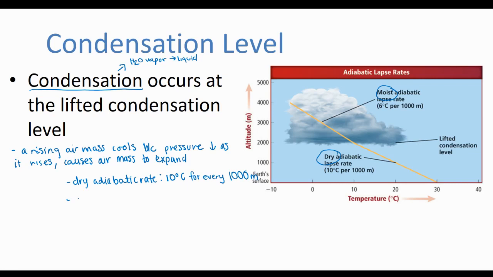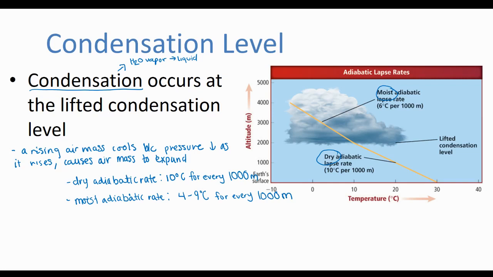If the air is moist, then you can see from the chart it decreases in temperature by 4 to 9 degrees Celsius for every 1,000 meters.